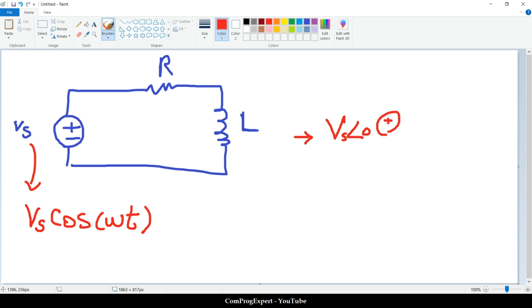This is the resistor again, and here we have the reactance j omega L.